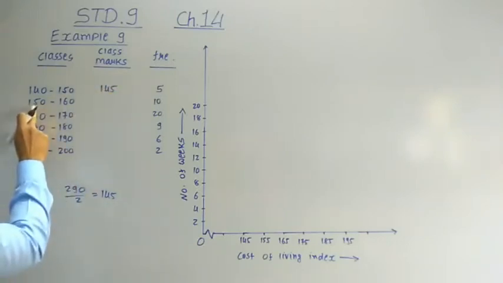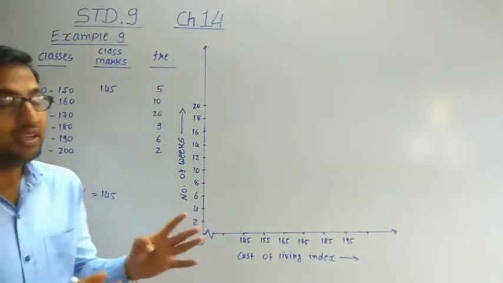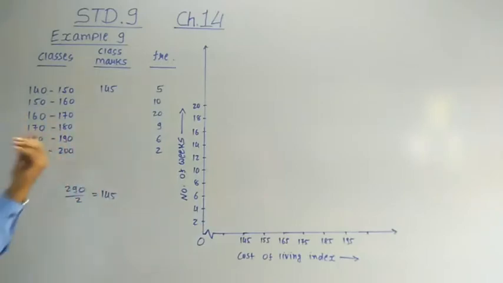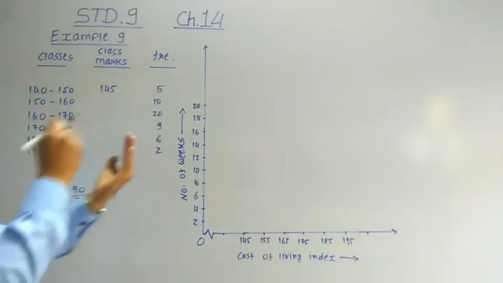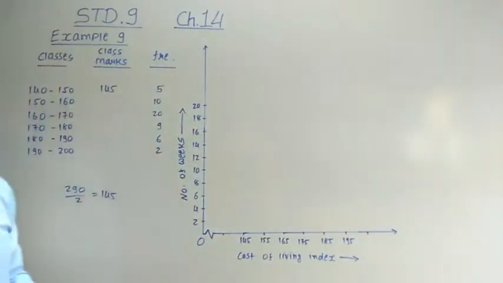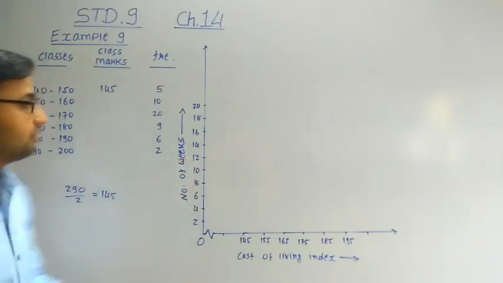Now the second value is for 150 to 160. Actually it is what? The mid value, right? Mid value between 140 and 150. If we move back from 150 and we move ahead from 140, then where do we meet? We meet at the point 145. In the same way, if we move ahead from 150 and move back from 160, where do we meet? 155.